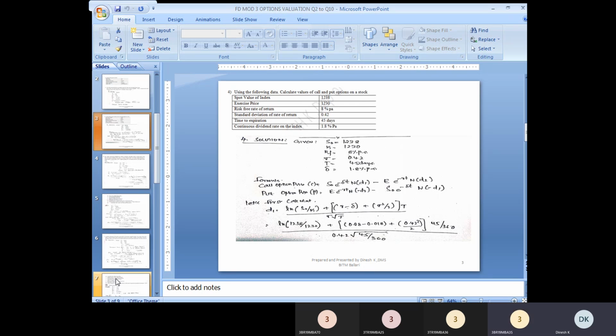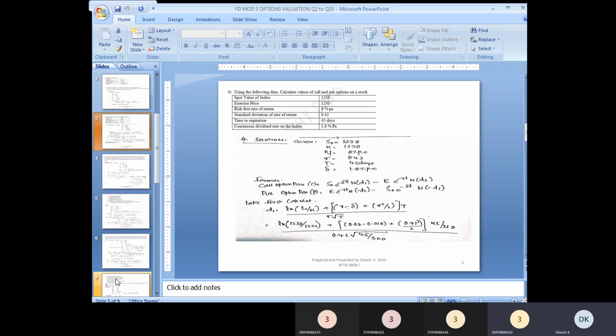What is the price of the call option here? Sir, the exponential power we are getting is minus 0.00225, sir. How much should we round off, sir? Just a minute.